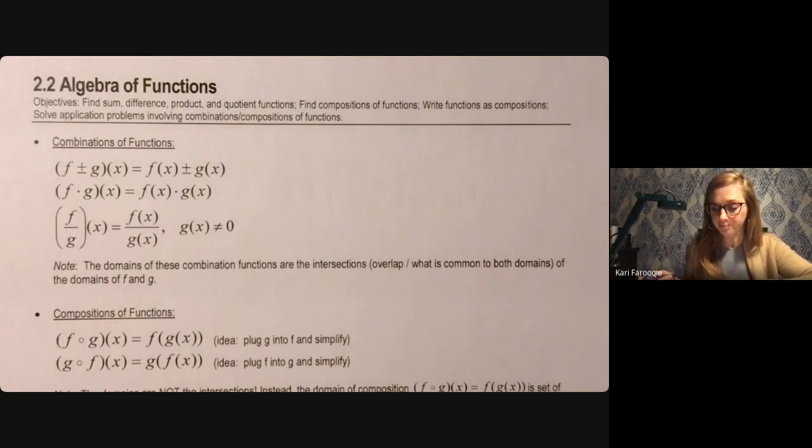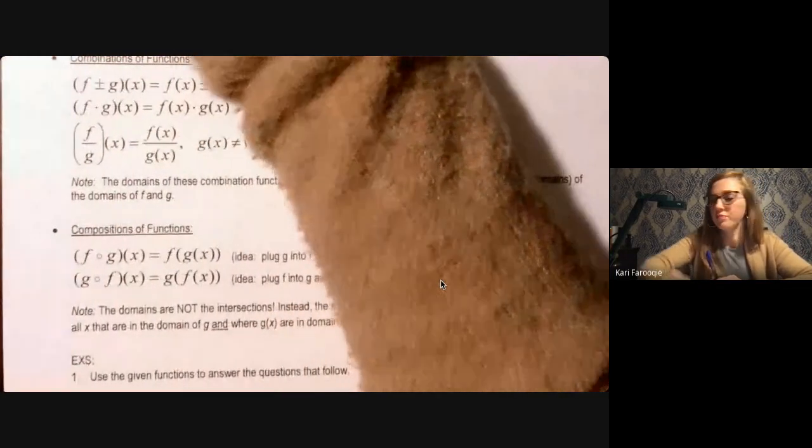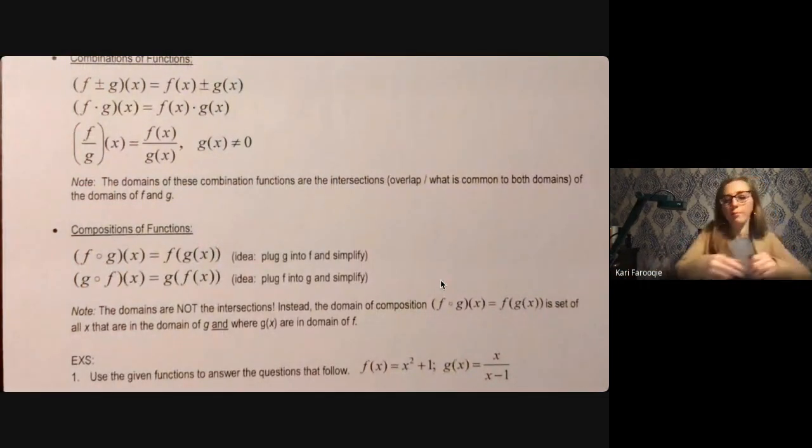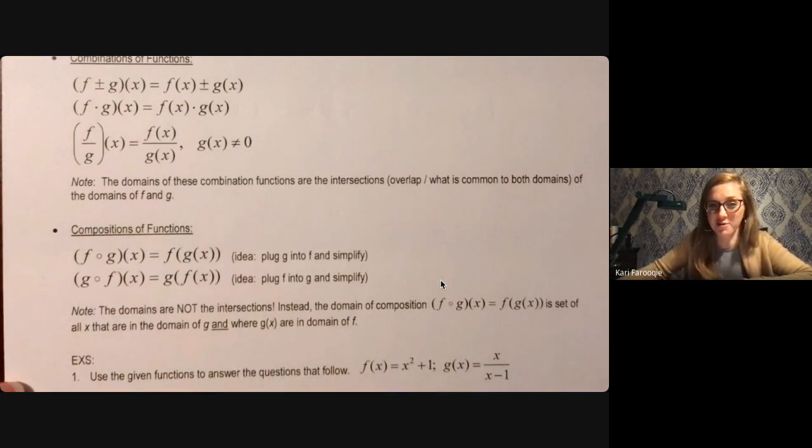Now, for a composite function, the idea here is you're taking f of g of x or g of f of x. And sorry, I have to move this. There we go. A lot of times you'll see this written, sometimes students call it fog or goff.